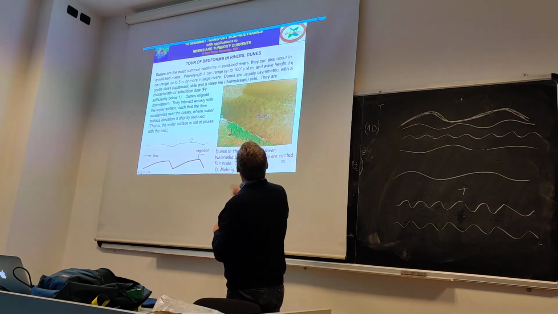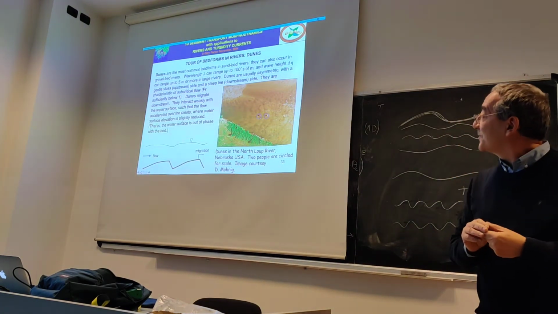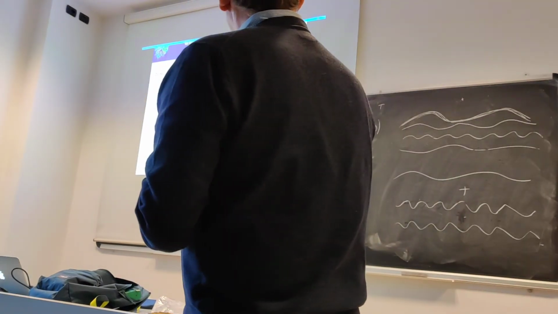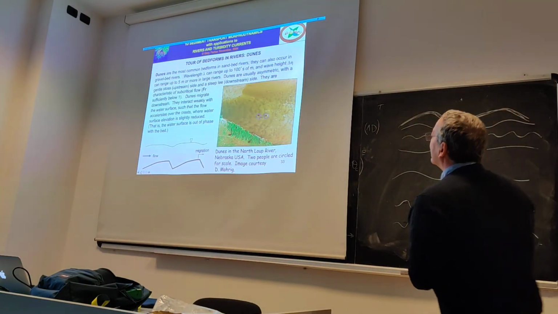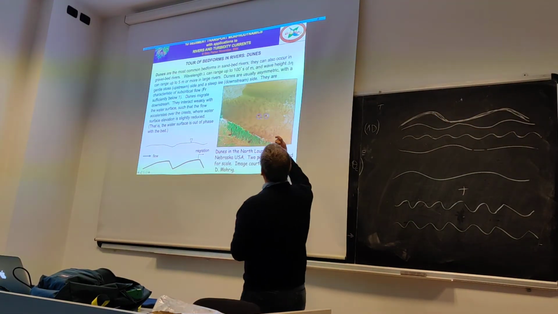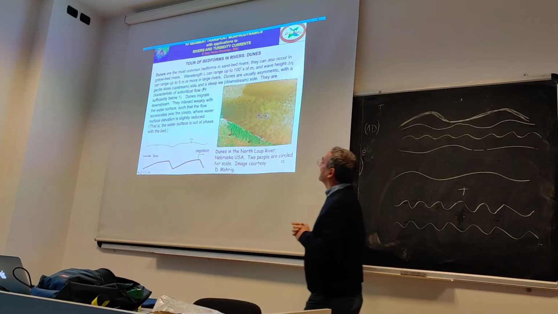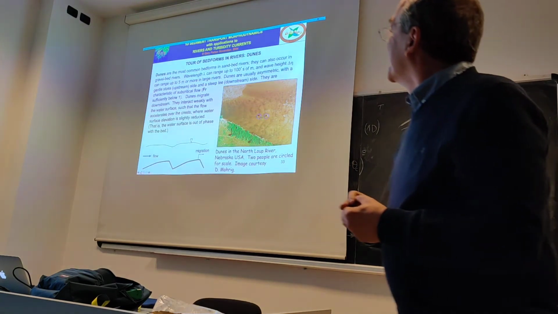Here is a photo in which you should be able to guess at least the wavelength. There are 2 people there, they are, let's say, 1 meter or something like that in plain view.